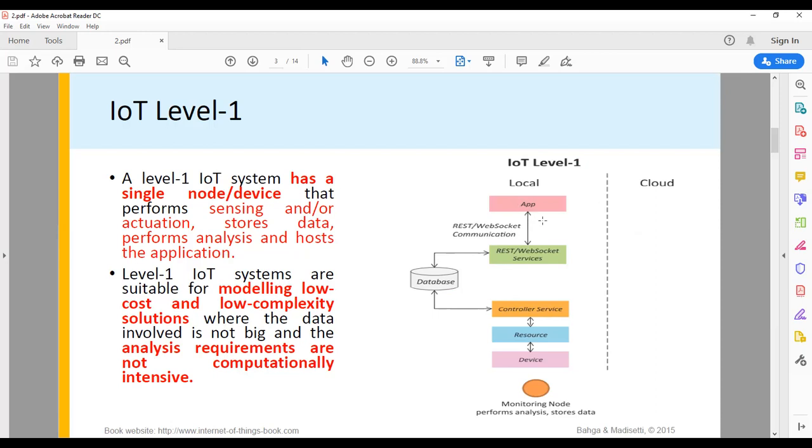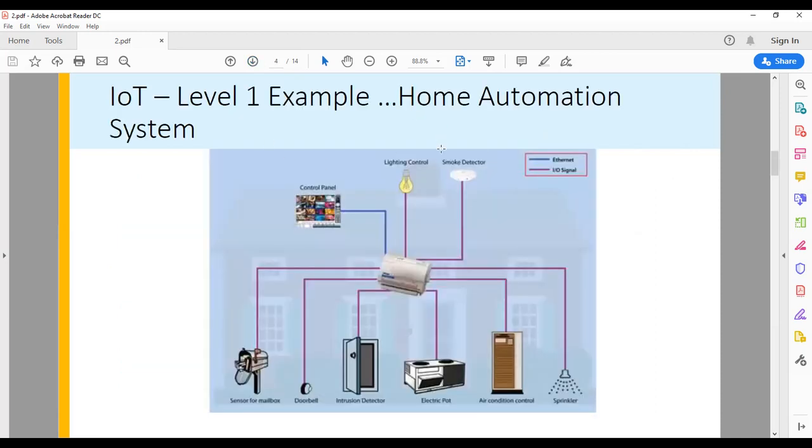Let's take an example of level 1: home automation. All these gadgets are controlled by a single controller in the home automation system. Users can access its control panel, and through this panel the devices can be operated by passing input output signals, with a network, a LAN cable.